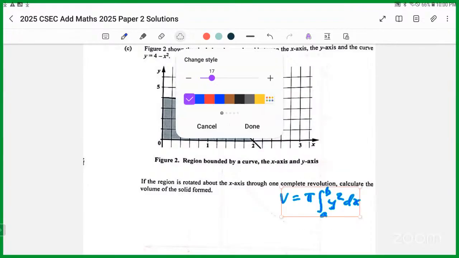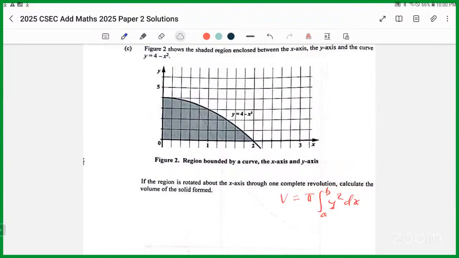Change the color for that one to red. That is it. So the volume required, using that concept, we're going to have to square this now, which is 4. We're going to have to square this and expand it out into separate terms.